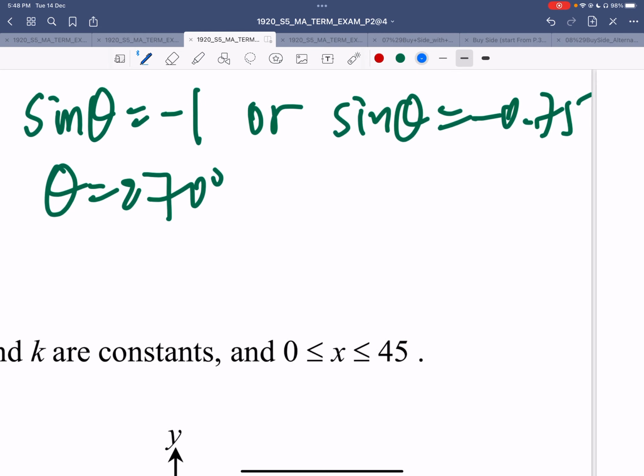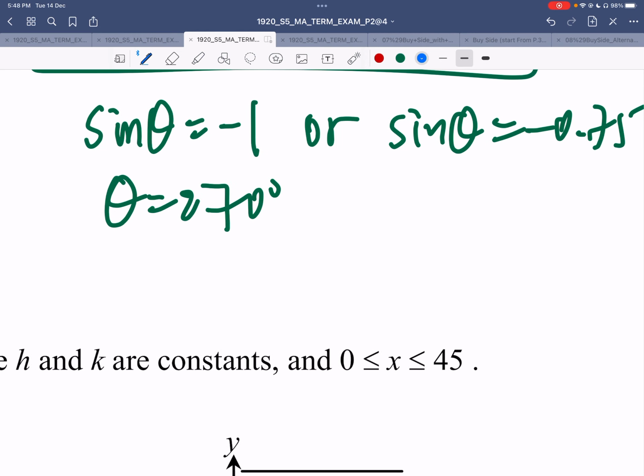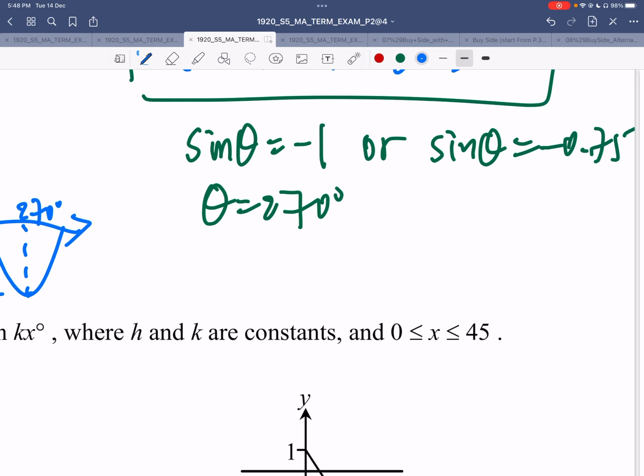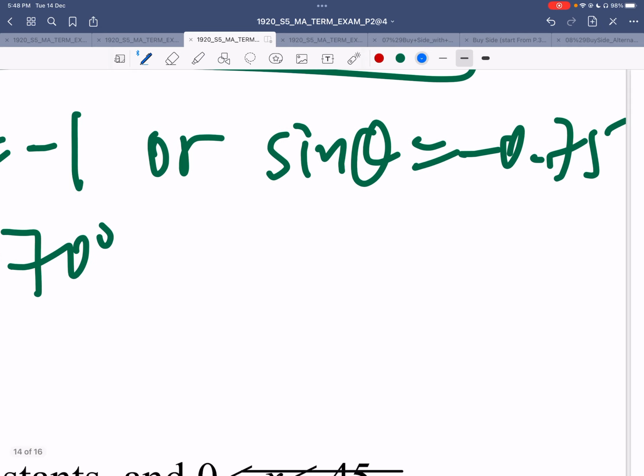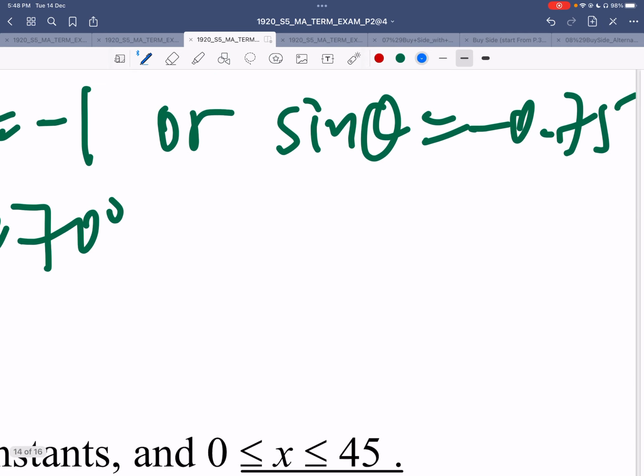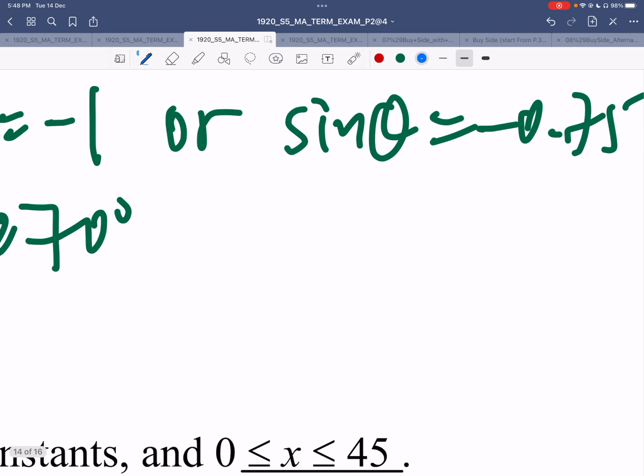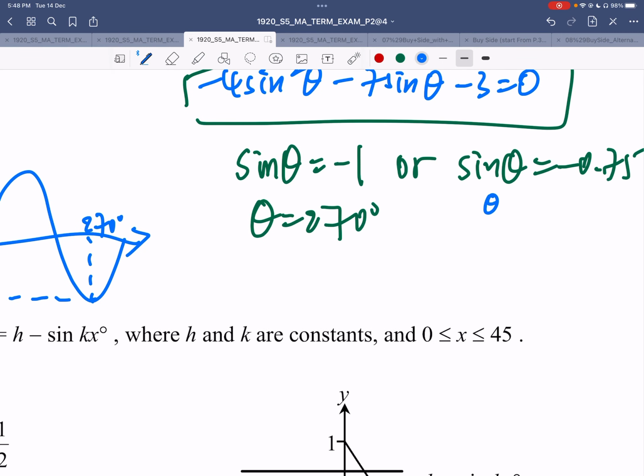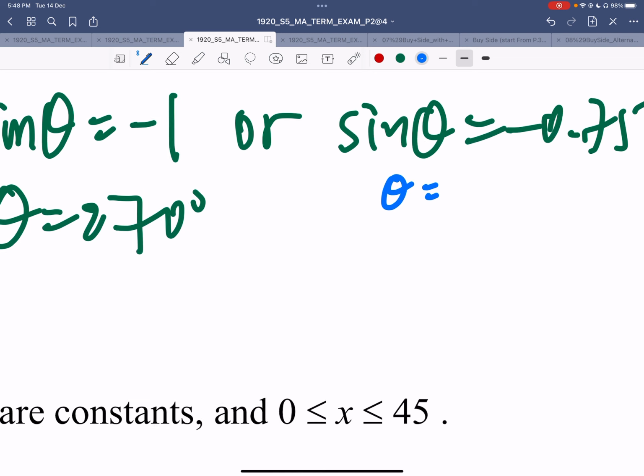Then for sine theta equals -0.75, you can take the arc sine of -0.75. You can convert it to this, all right? So theta can equal 48.59, right?